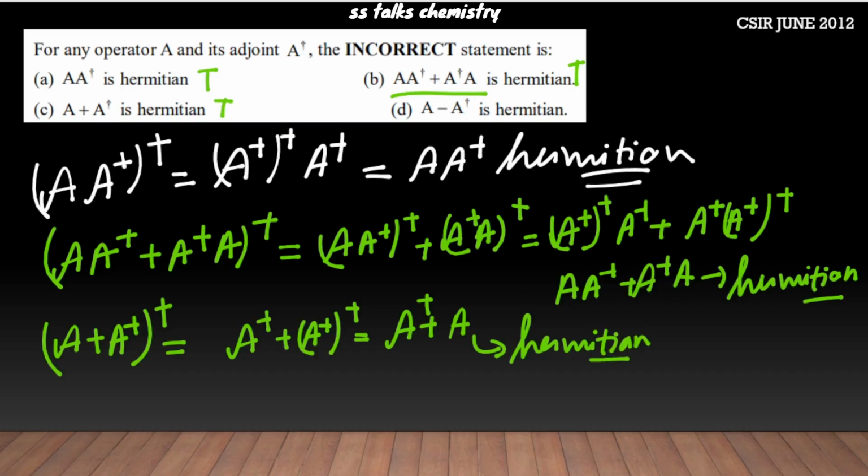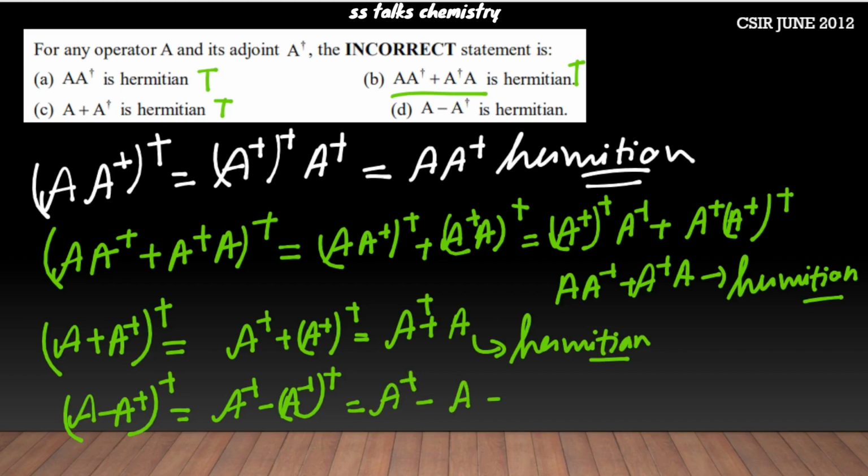Next, it is A minus A dagger is Hermitian. So it will be A dagger minus A dagger's dagger, so it will be equal to A dagger minus A, right? So this can be rearranged as minus of A minus A dagger. So this was the initial operator. Now here a negative sign is coming in front of it.